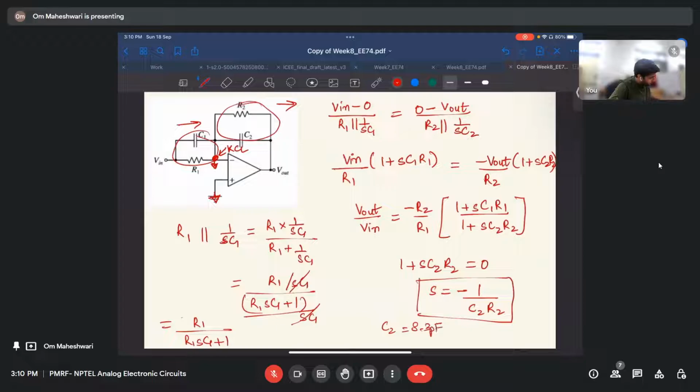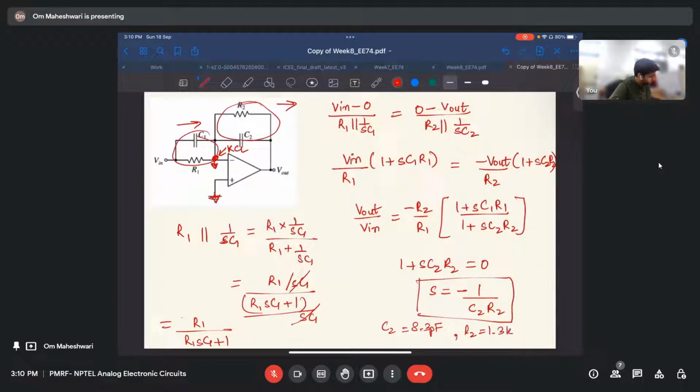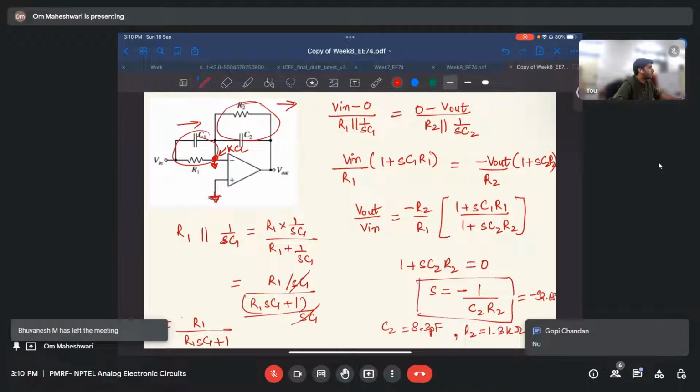So what you should get is pole S equals to minus 92.68. So any doubts in this part? Okay.